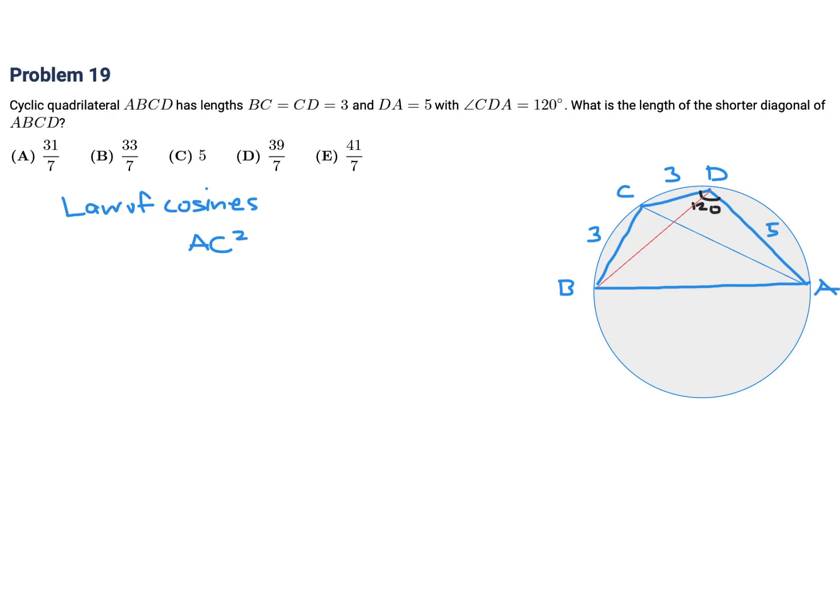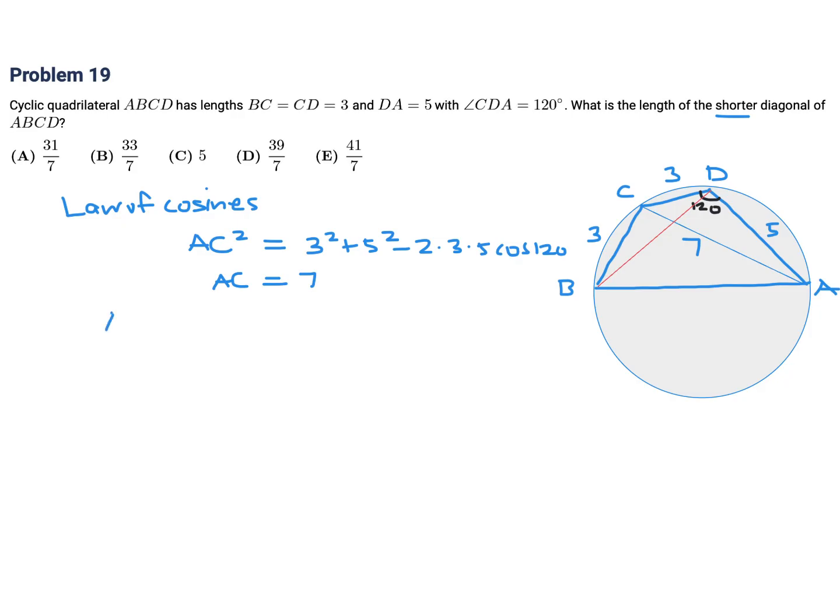AC squared is equal to 3 squared plus 5 squared minus 2 times 3 times 5 cos 120. That's the most obvious one. And then when you crunch out these numbers, you'll get AC equal to 7. So that means that diagonal is 7. Now, if they're asking for that diagonal, we'd be done. But they're not. They're asking for the other one, the shorter diagonal, which I drew in red.